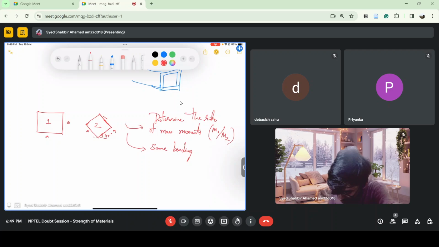Both cross sections have the same maximum bending stress. What will be the ratio of moments?